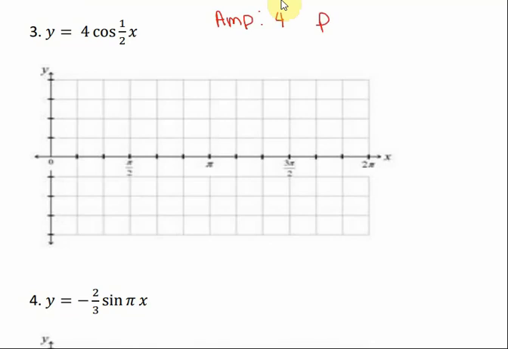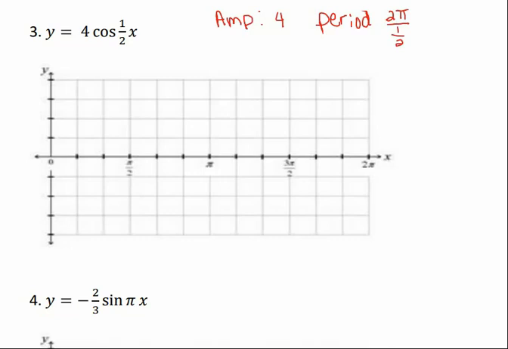And then now we need to know what our period is. Okay, so our period is 2 pi, our normal period, divided by b. So this is 2 pi divided by 1/2, which, you know, we can't divide by a fraction. We would have to multiply by the reciprocal.